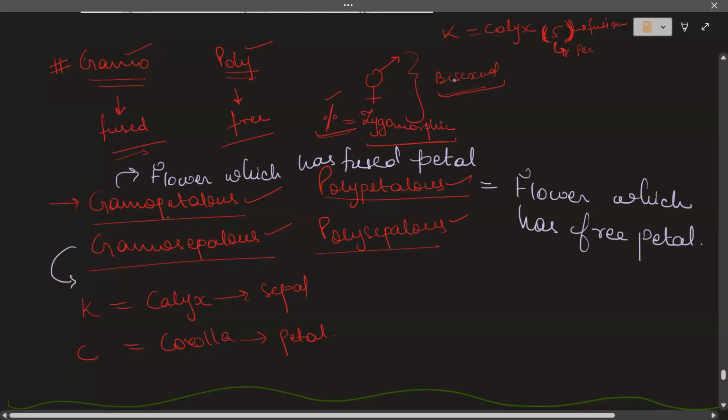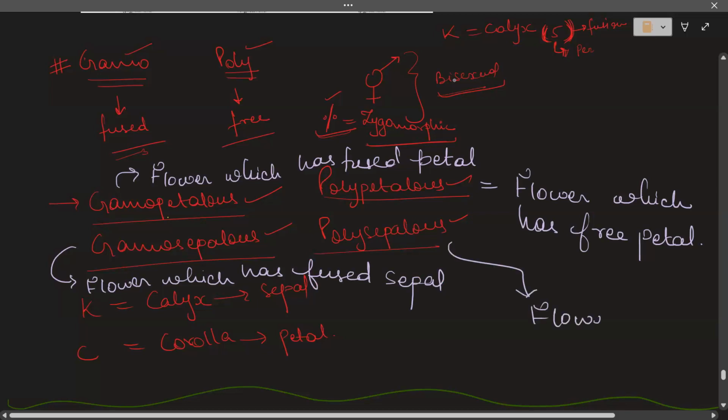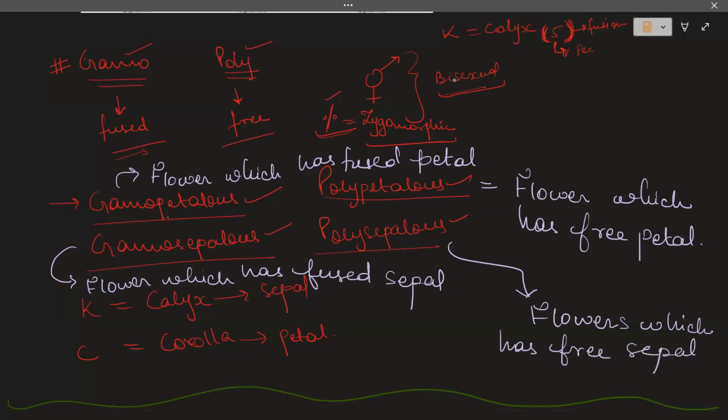Same way for gamosepalous, you'll write that the flower which has fused sepals is known as gamosepalous, and the flowers which have free sepals are known as polysepalous. Clear?